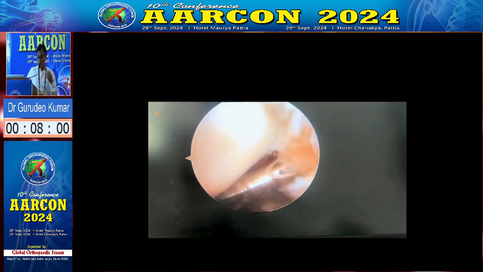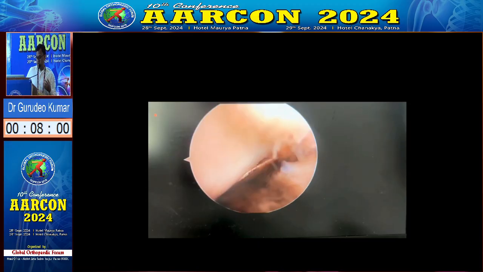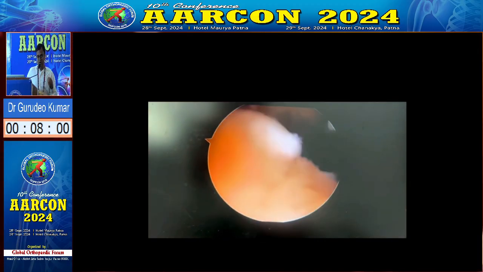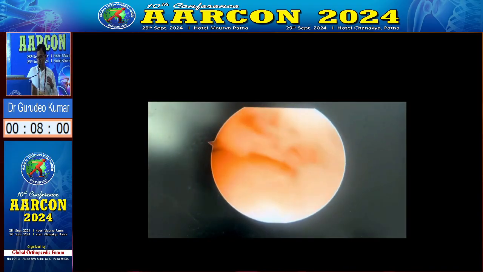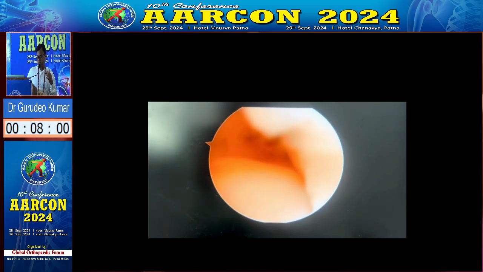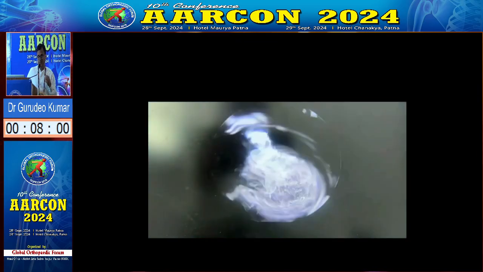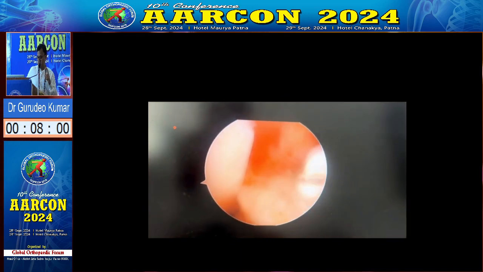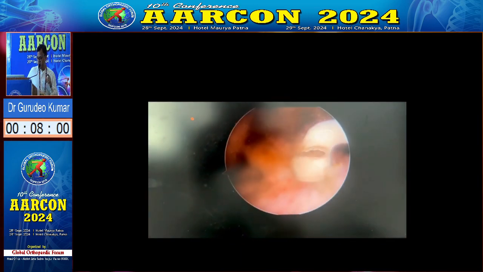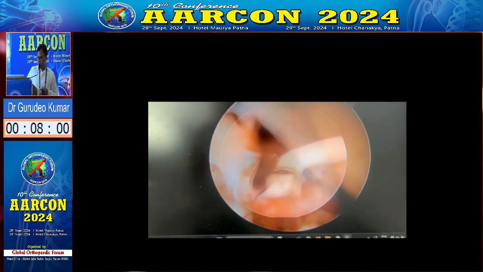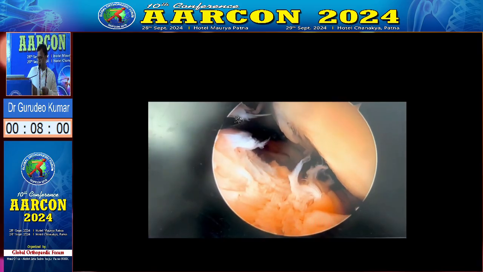And this joint is highly vascular. So many times post-operatively, within 3 to 4 hours, there is a lot of bleeding and soakage. So in this kind of patient, we always use radiofrequency ablation to cauterize the bleeding points. We have shown you here this radiofrequency ablation.